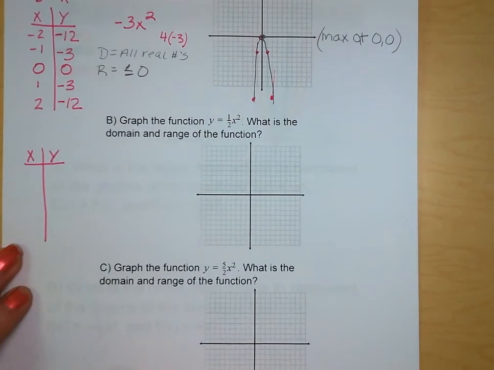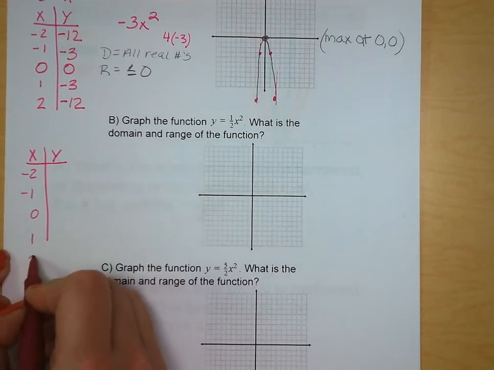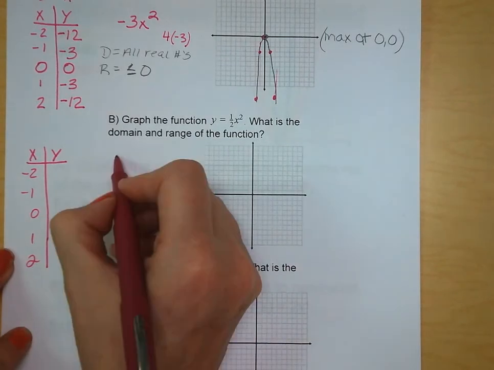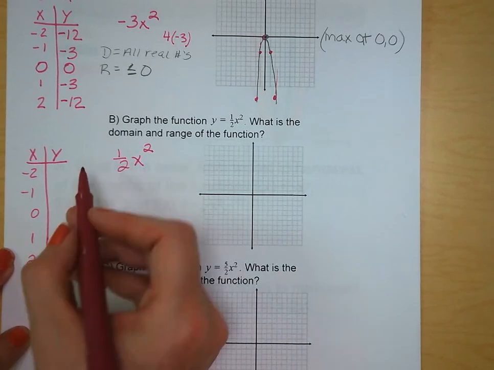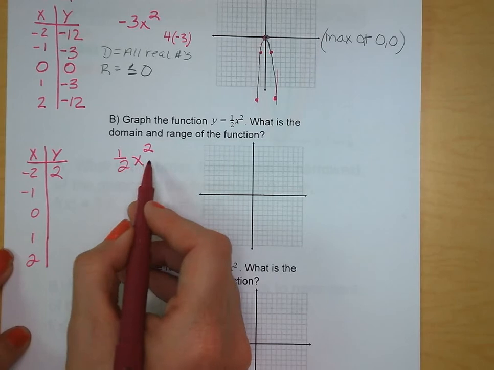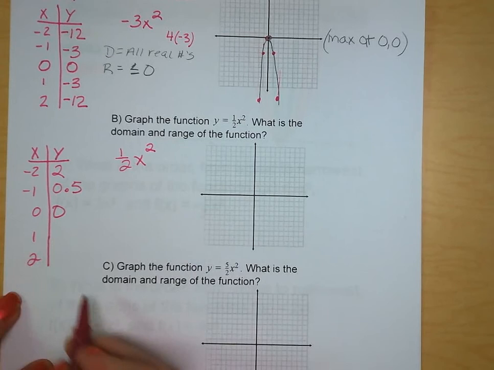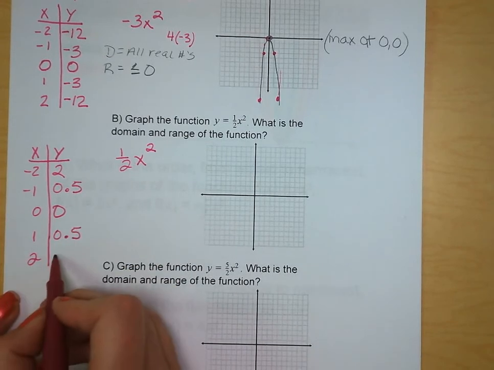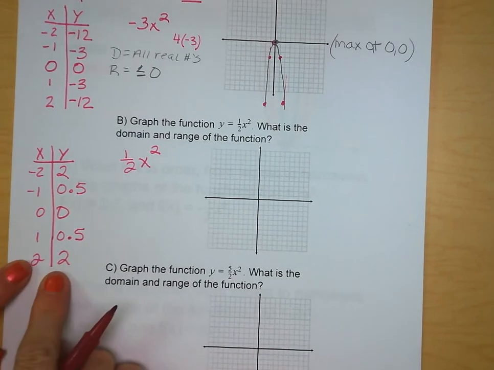We've got -2, -1, 0, 1, and 2. -2 squared is 4 times 1/2 is 2. -1 squared is 1 times 1/2 is 0.5. 0, 0.5, and 2. Notice we don't have to do the math for the last two because this is symmetrical.